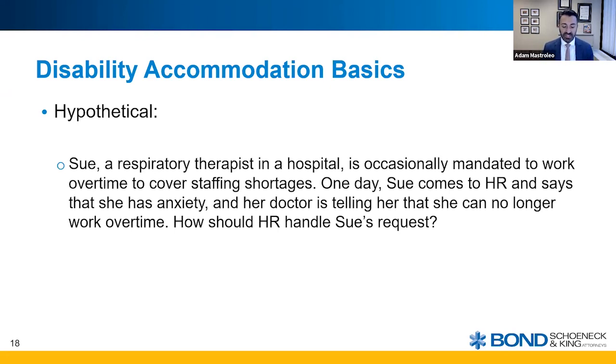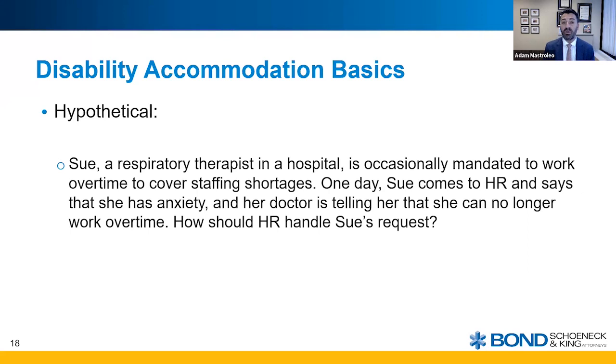Once that information came back, you could have another conversation with Sue to figure out, well, first of all, you're going to look at the form to determine whether or not Sue has a quote unquote disability, as that term is defined by the applicable laws. If so, then you'd look at what accommodation she is specifically requesting. In this case, she's saying that she can't work overtime.